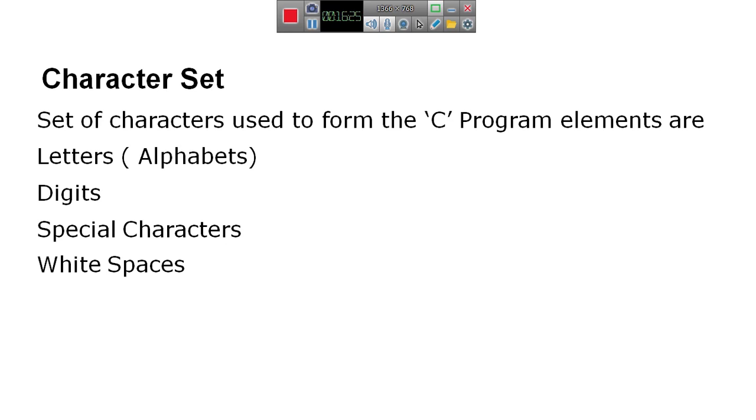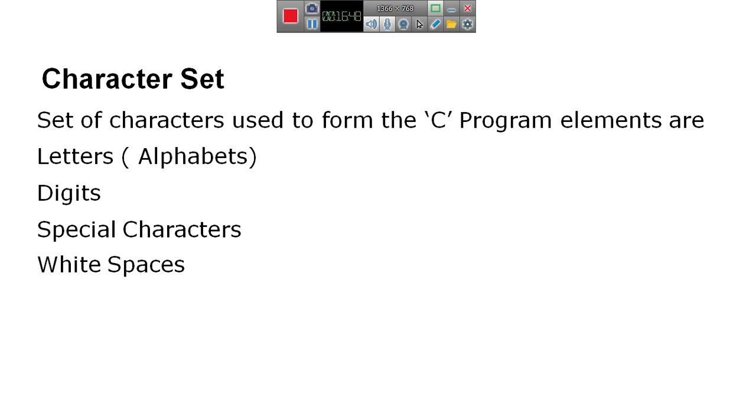Those are letters, that is alphabets, digits, special characters, and white spaces. This is called a character set.